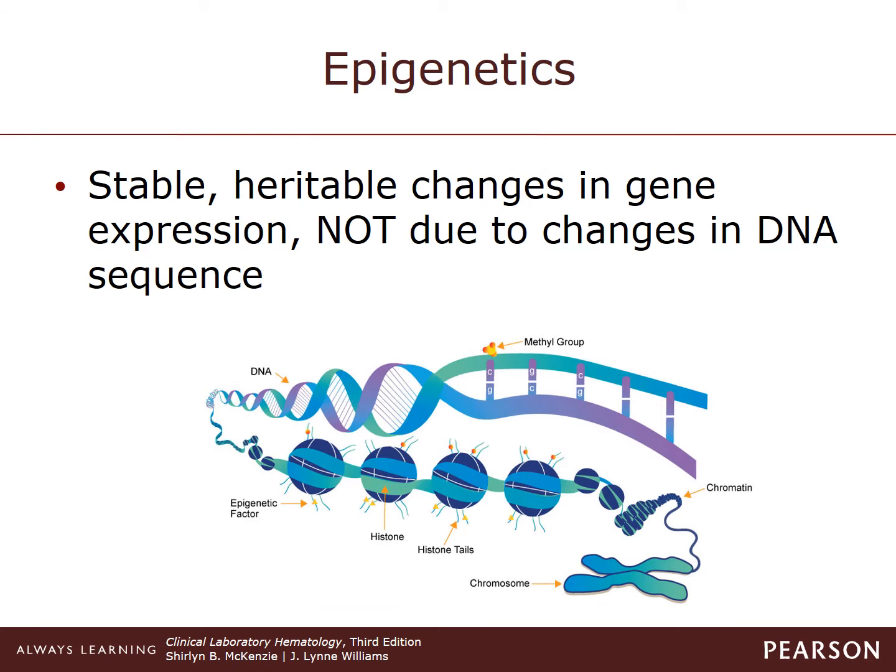Now there is also another group of alterations called epigenetic alterations. Epigenetics is defined by the heritable changes in gene expression not caused by changes in DNA sequence. These changes are stable from one cell generation to the next after each mitotic division.